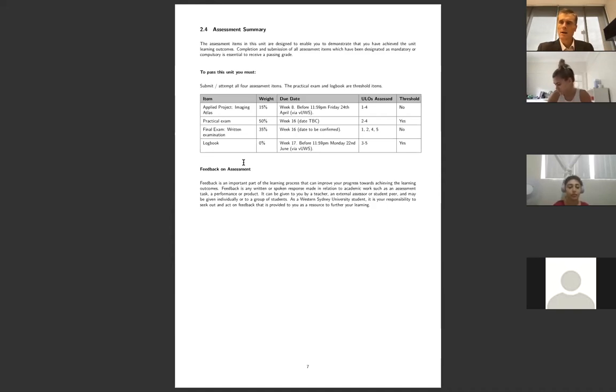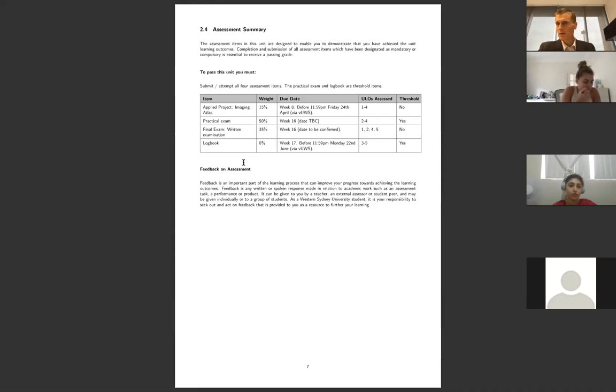In time, it is expected that you're acquiring images. Initially, if you've only just started and you're observing, that's okay. But in time, it's very important that you start acquiring images and making measurements. You won't be able to pass if that's not the case, okay?